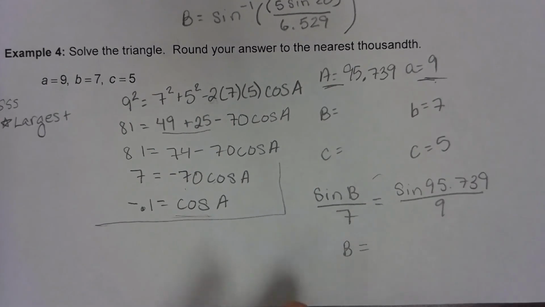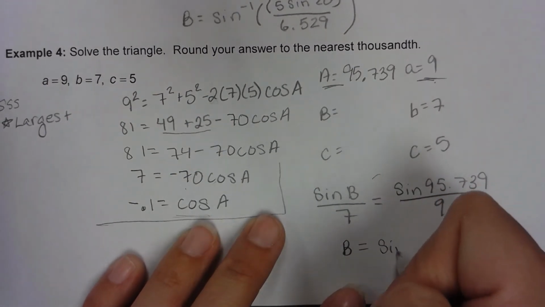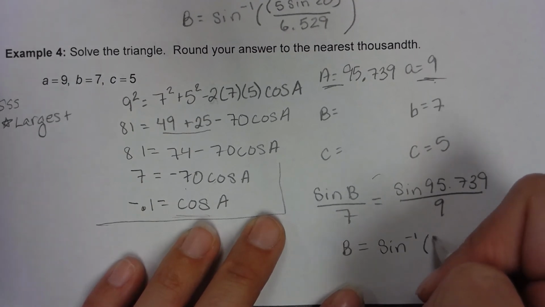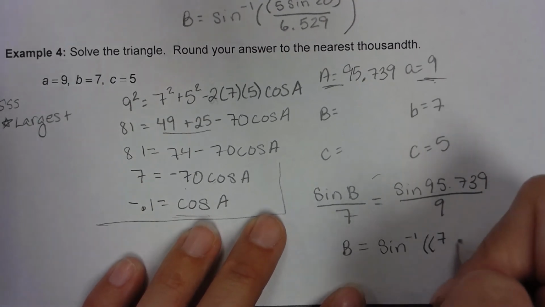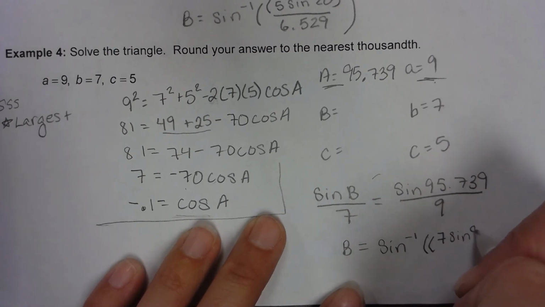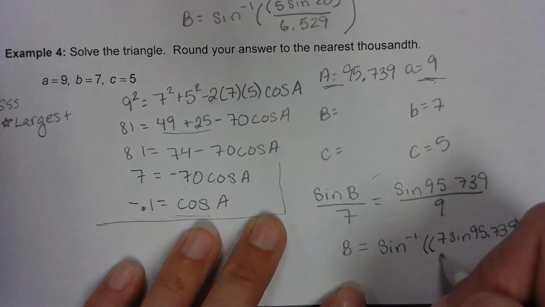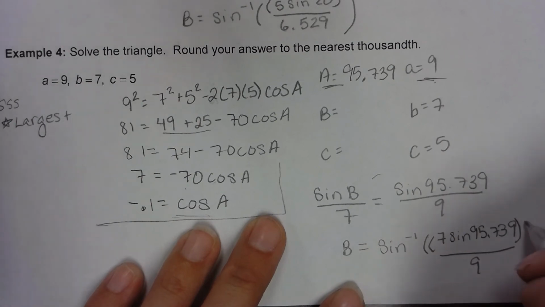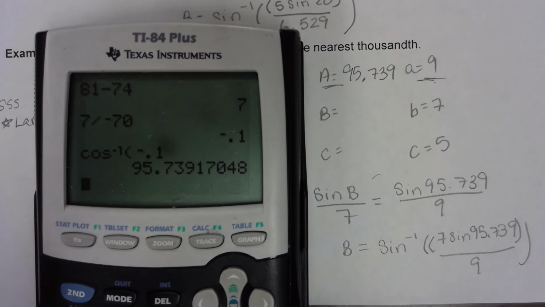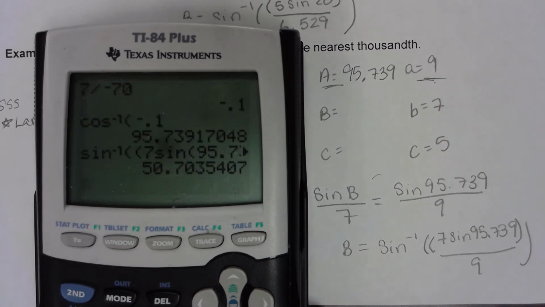So really what we're plugging in our calculator is inverse sine, extra set of parentheses, 7 sine 95.739, close the numerator, divided by 9.